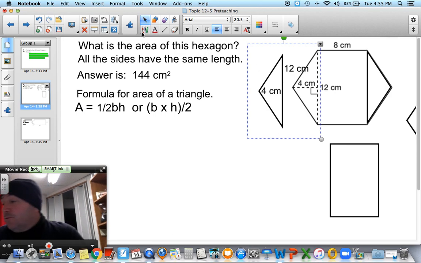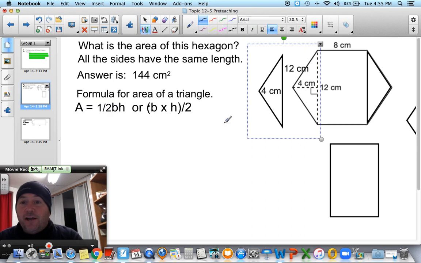We take our formula for finding the area of a triangle, and we take 12 times 4, which is 48. And then we have to divide 48 by 2, which is 24.